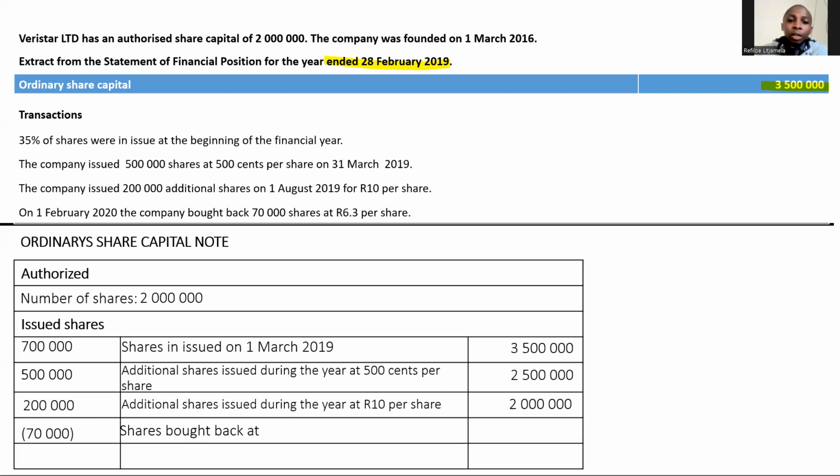It is simply share capital before the buyback divided by the number of shares issued before the buyback. So my numerator will be 3.5 million plus 2.5 million plus 2 million. Those are in rands. That is your share capital divided by 700,000 shares plus 500,000 shares plus 200,000 shares.